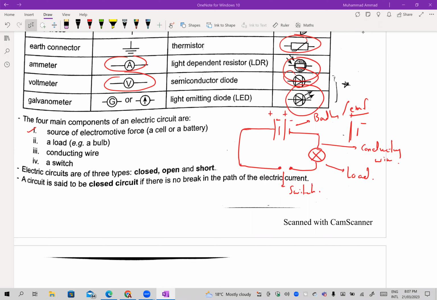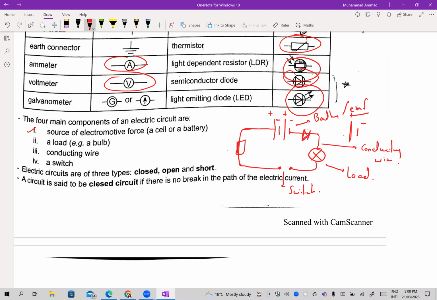All right. So you see, I was telling you that a circuit cannot be completed without these four components. The rest of all of these that are given in the table are just the additions. You can always add more devices, but you need these four minimum to complete a circuit. For example, you can add a resistor over here. You can add an LDR, or a diode for that matter, a semiconductor diode like this.